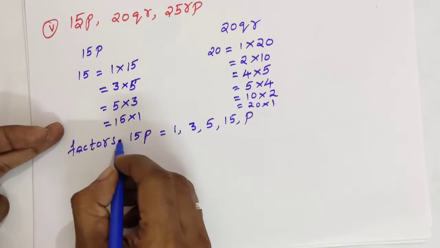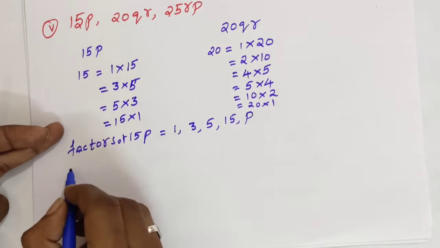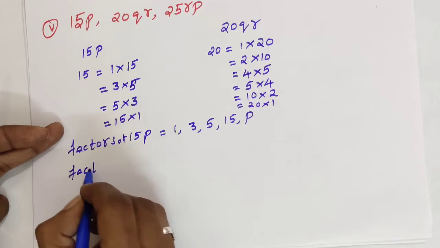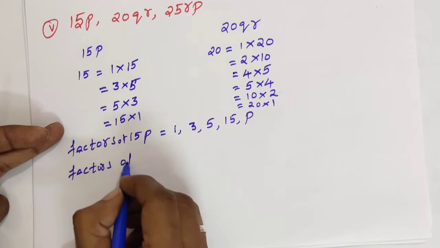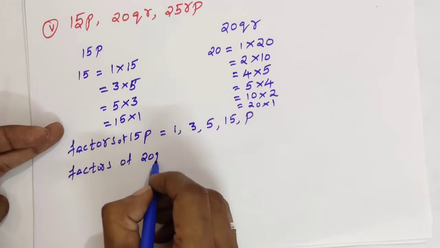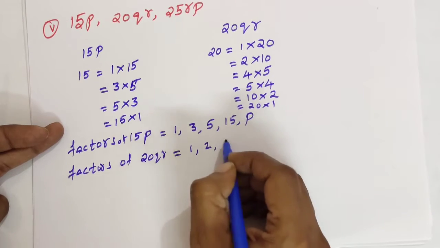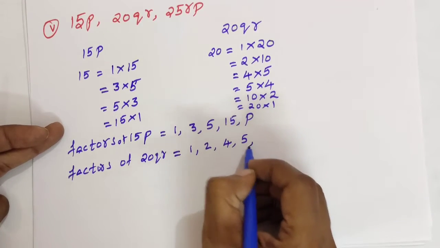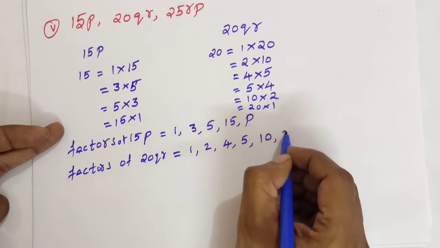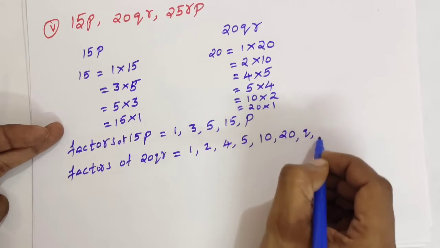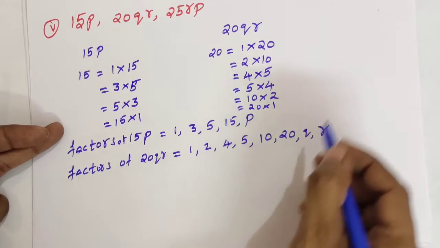So now the factors of 20qr are simply 1, 2, 4, 5, 10, 20, q and r.